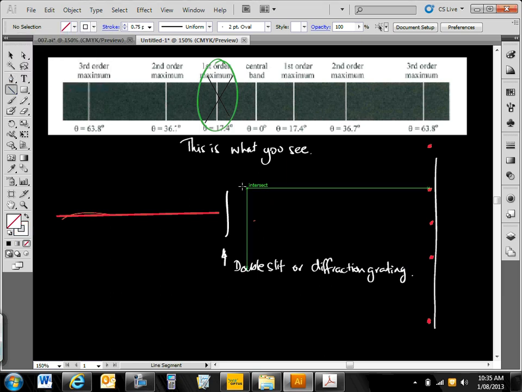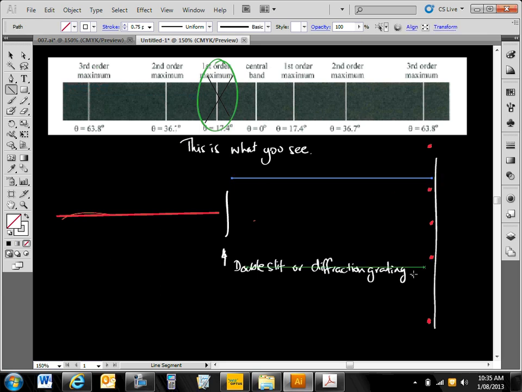If you know the distance between the diffraction grating and the board, and you measure the distance from there to there, and from there to there, and so on.